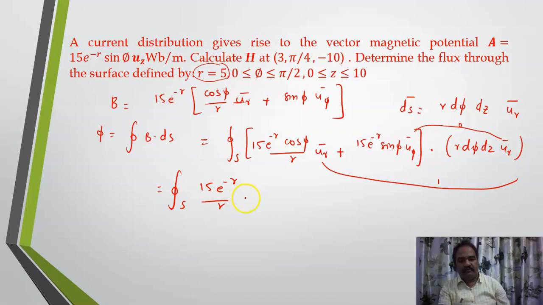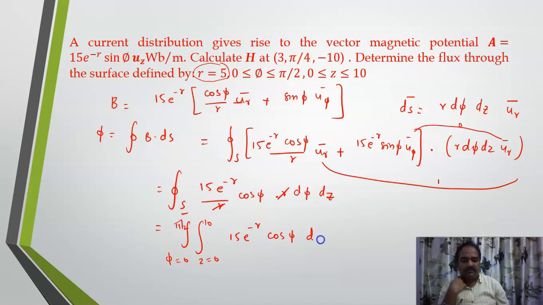So what I'll get is integral of surface, right? And this surface is, phi is varying from 0 to pi by 2, and z is varying from 0 to 10. And it is 15 e to the power of minus r cos phi d phi dz. So 15 e to the power of minus r is not going to change with respect to any of these terms, so it will remain like this.